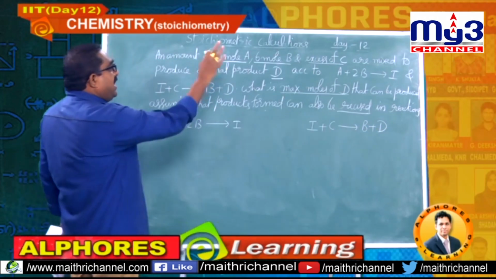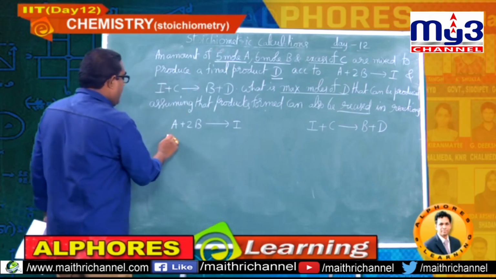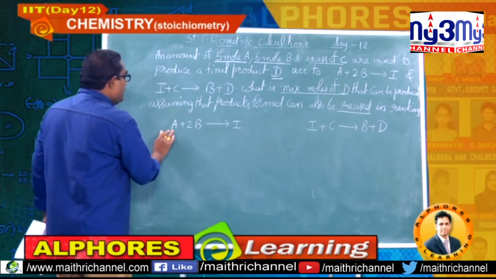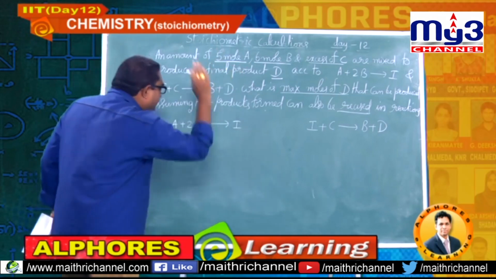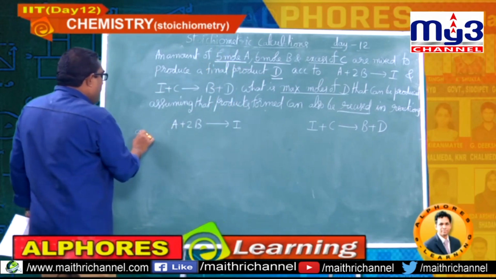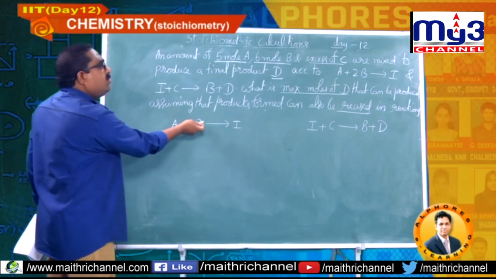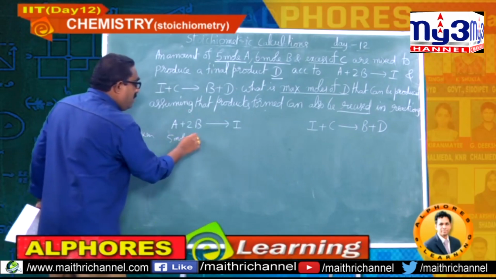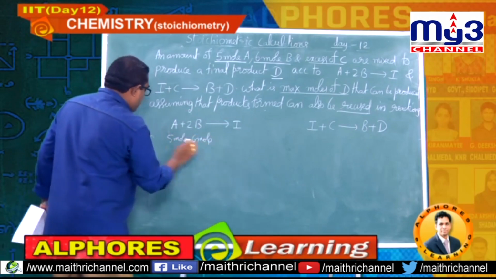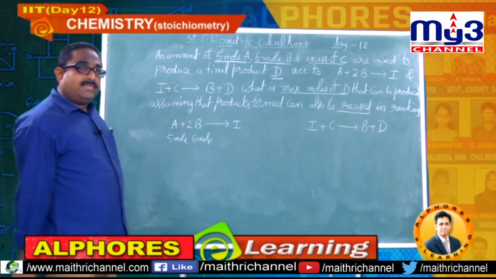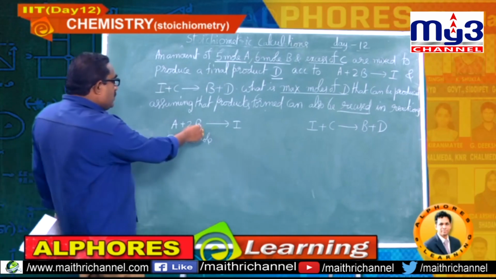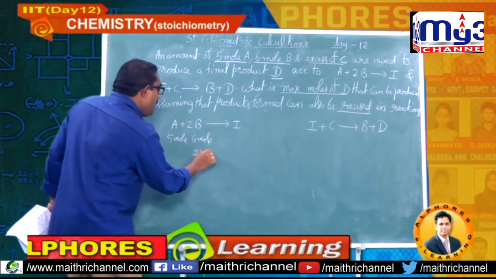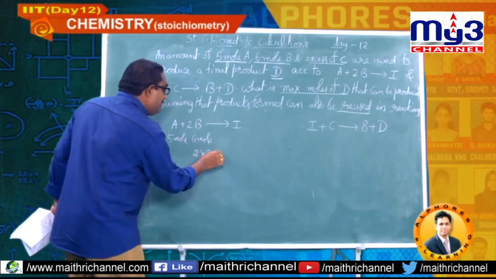Okay, first of all let me write given moles of A and B. So stoichiometric I am going to write, so don't get confused, I am going to write given moles only. Stoichiometric moles in front of you, 1 mole combines with 2 moles, no problem. So given moles 5 mole, 6 mole I am writing. Okay, 1:2 molar ratio, so you can take it as 2 into 3 moles.